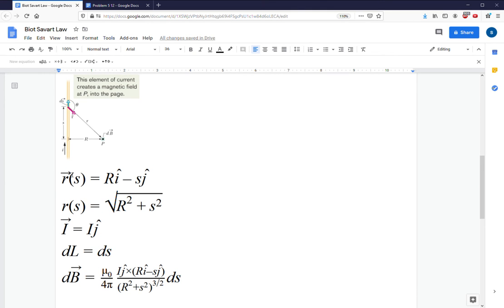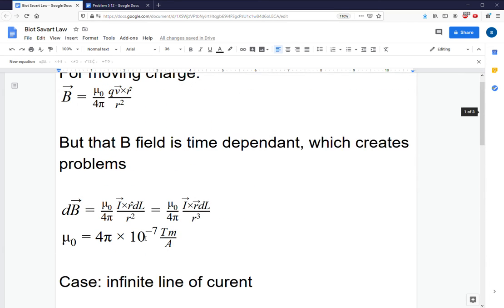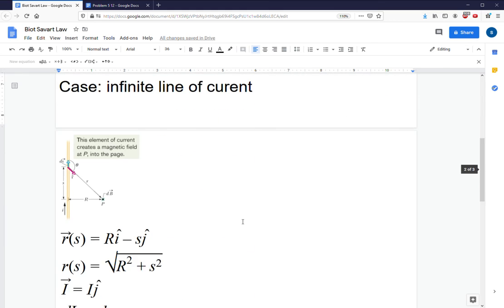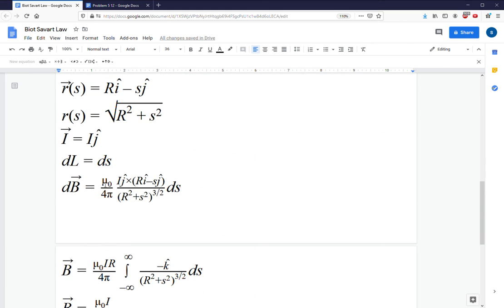So plugging all of these terms into our Biot-Savart Law, this form of the Biot-Savart Law, gives dB is equal to mu naught over 4 pi times I j hat cross R i hat minus s j hat over the square root of R squared plus s squared cubed, or sometimes you see it written R squared plus s squared to the 3 halves, then all times ds.